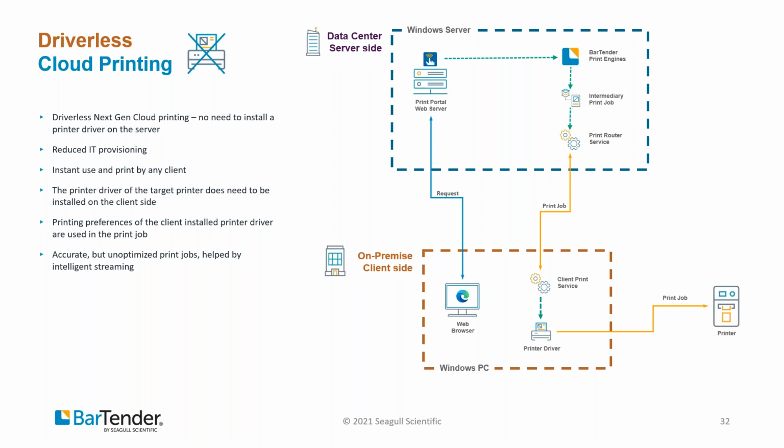So a Windows computer would need to be somewhere at the client location in order to be part of the print job transport. Of course, the device that's making use of a web browser, that doesn't necessarily have to be a Windows PC, although the computer here and the client print service are typically and normally on the same computer.